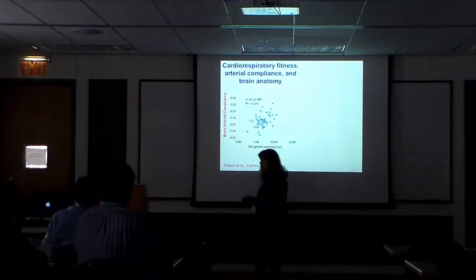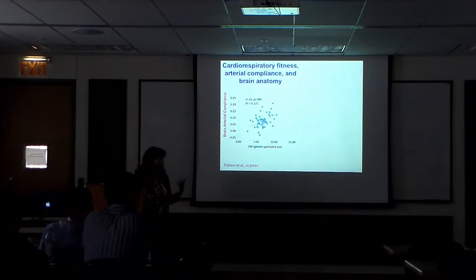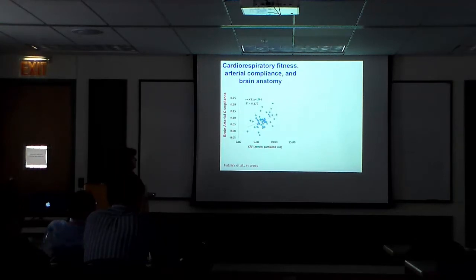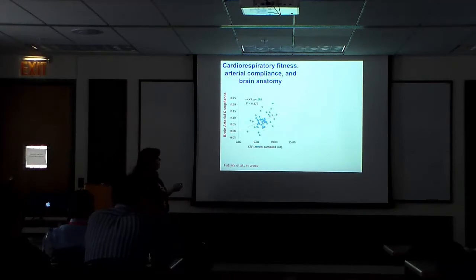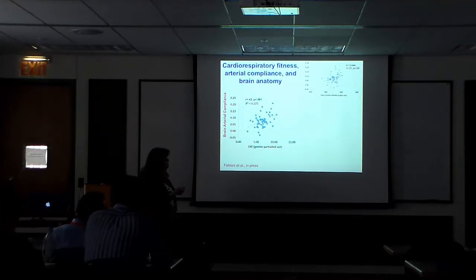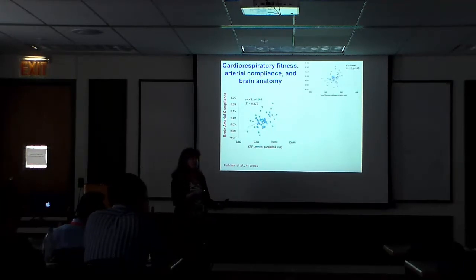Just to give you an idea of the types of data that we are getting, and this is really new stuff. What you have here is cardiorespiratory fitness, and this is compliance in this case. And what you see is that there is a healthy correlation between the two. And compliance, so this is still compliance here, predicts brain tissue preservation.